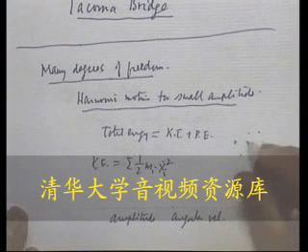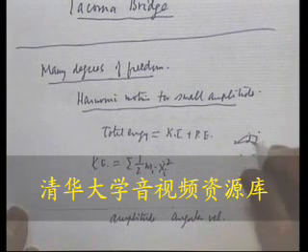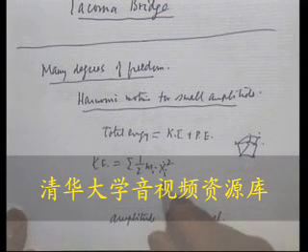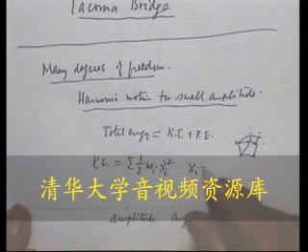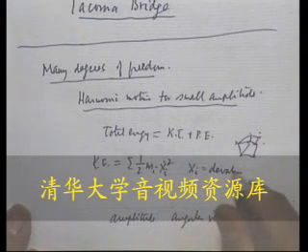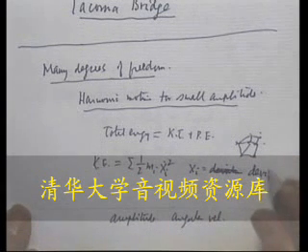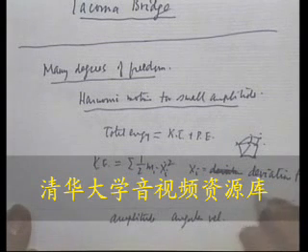Each atom has a fixed position when it's not vibrating. x_i is now the deviation from equilibrium position.